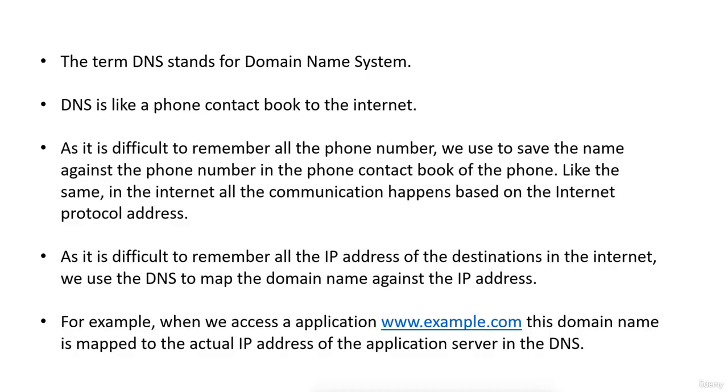we come across many people in our day-to-day life, right? It's very difficult to remember everyone's contact number, but it's very easy to remember the person by their name. So whenever we want someone's contact number, we save their phone number against their name in our contact book.